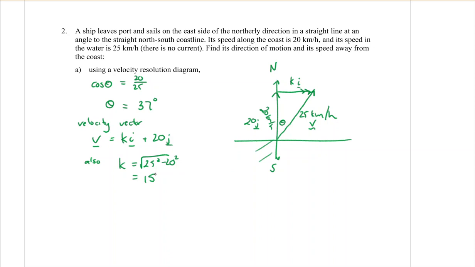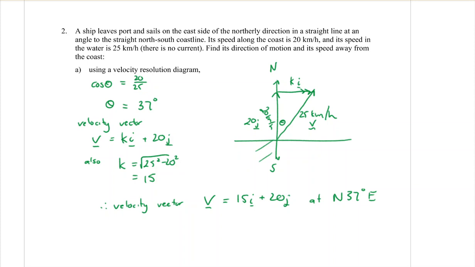So that means my velocity vector is going to be v for velocity equals 15i plus 20j. And we did know that that was at north 37 degrees east of my coastline.